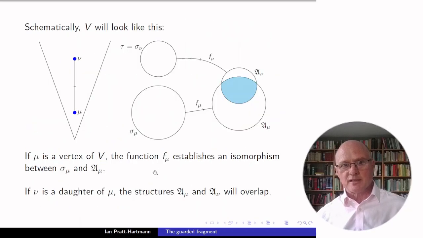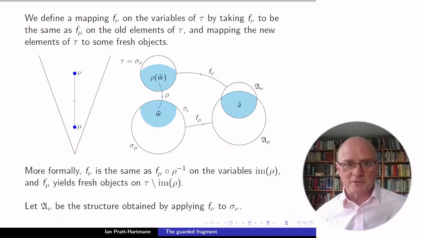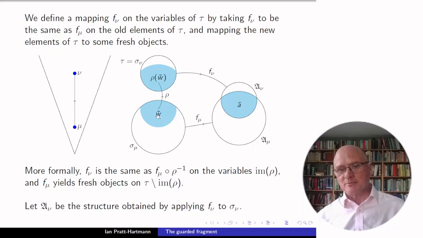So if we look at this nicer diagram here, what we have is vertices mu and nu. There is a tuple W bar which satisfies some predicate which is a guard of one of the witness requirements. We have a witness for this, and this witness is tor, and we've added a daughter, nu, and associated with nu this type tor.